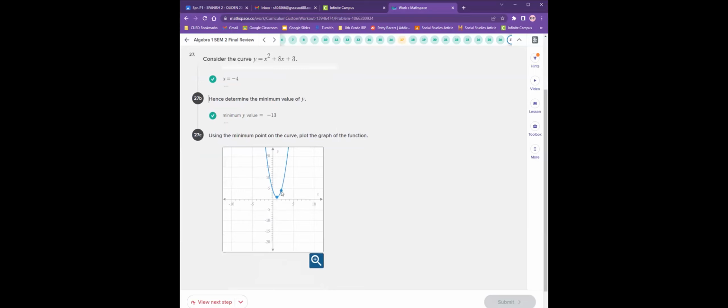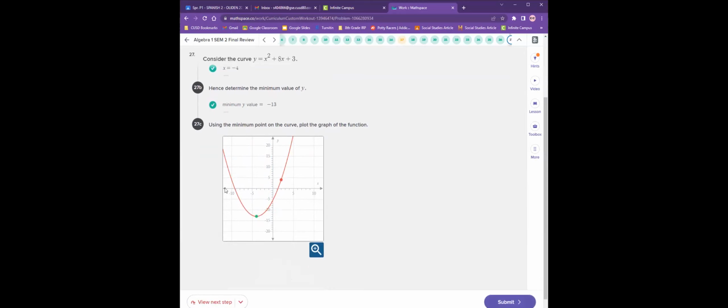Plot the graph of the function using the minimum point. So they want you to move that vertex to -4, -13. There you go. Double check that. It looks like you have to make sure your vertex is good.